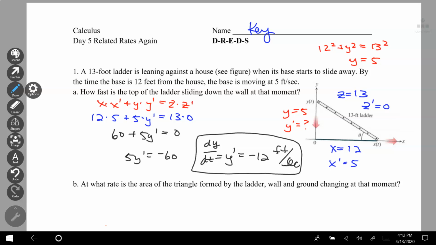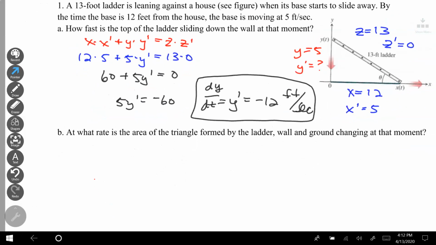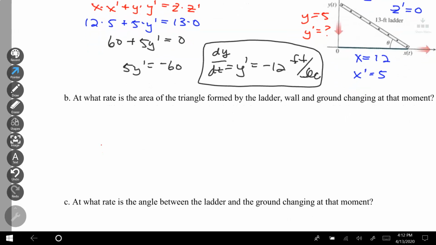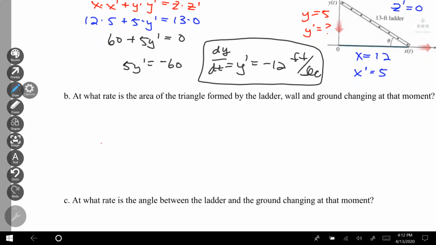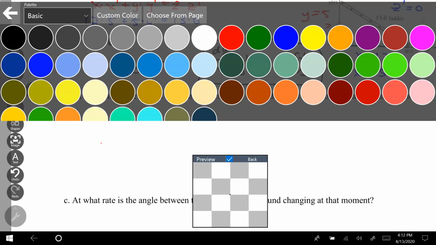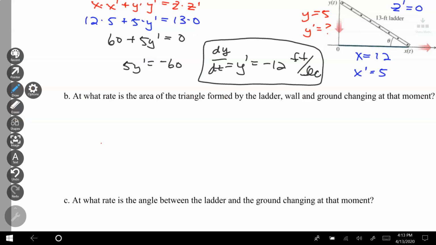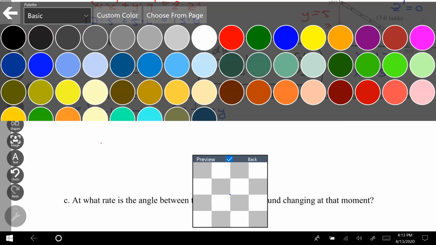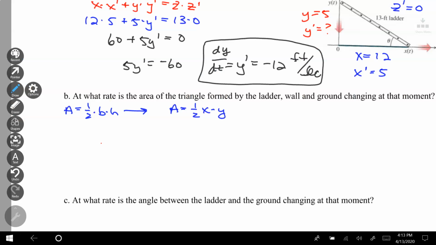So now I'm going to figure out how the area is changing. Move this up a little bit. So area is 1/2 base times height, or for this problem, area is 1/2 x times y, which means I'm going to have a product rule.